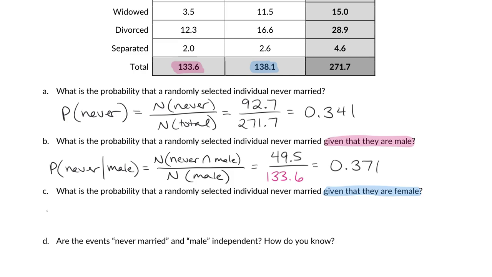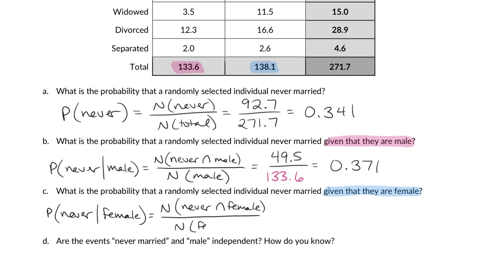This question would be written as, what is the probability that an individual never married given that they are female? Which means we're looking for the number in the overlap where never and female overlap. And we're going to divide it by the number of females from the survey.